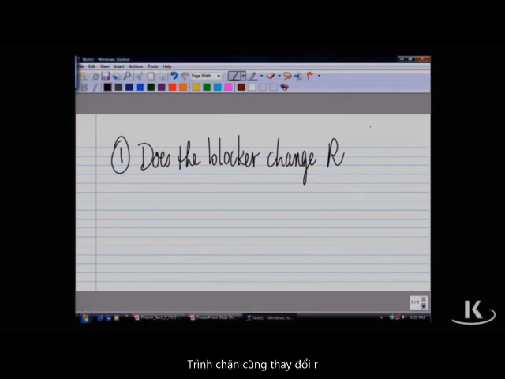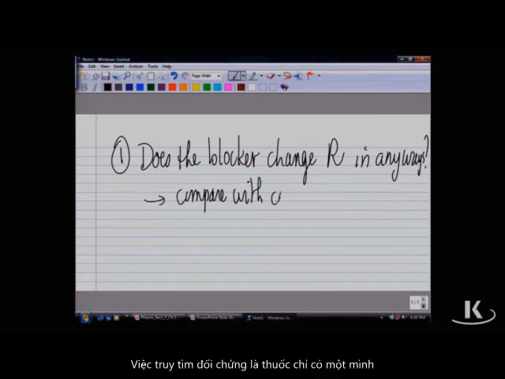So does the blocker change R in any ways? And basically to do this, you're going to compare with the control. The control tracing being the drug R alone.